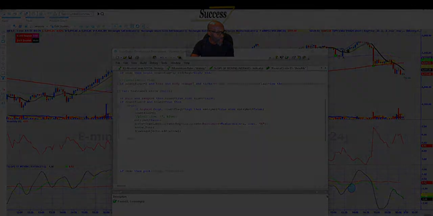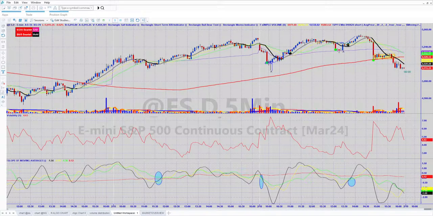All right, let me put you on here. So, arrows. Arrow font.